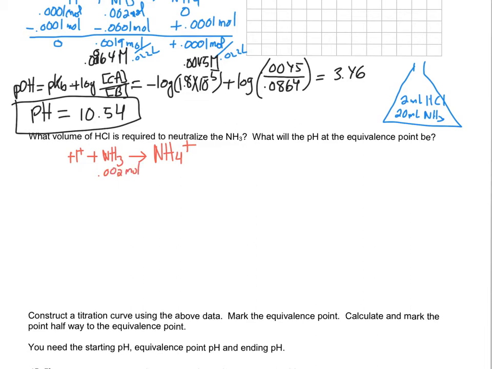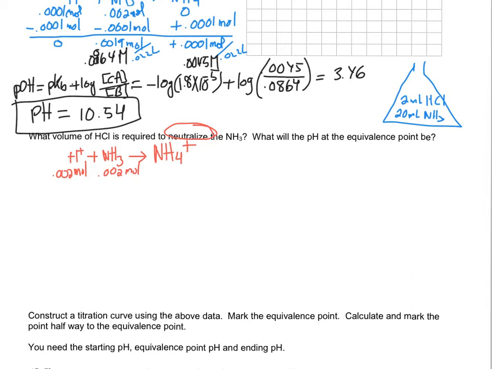Now it's asking us about the equivalence point. At the equivalence point, which is what I need to neutralize it, and again, this is misleading, neutralize means moles of acid and moles of base are equal. It does not mean pH of 7. So to neutralize it, moles of acid and moles of base are going to be equal to each other, that means I also need 0.002 moles of my acid. So that is when I reach my equivalence point, or when it's neutralized.